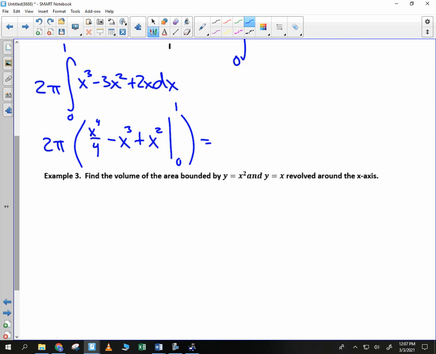If we just plug in 1, we get 2 pi times 1/4 minus 1 plus 1. Isn't it great when teachers write problems like that? 2 pi times 1/4 is 2 pi over 4, or pi over 2, which is 90 degrees.